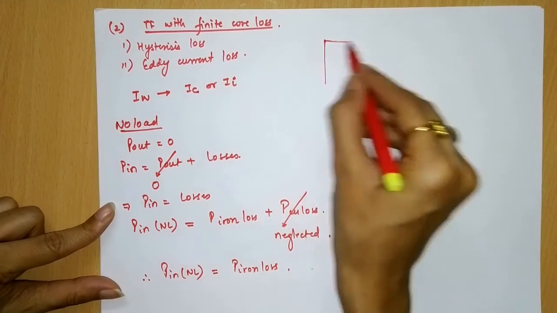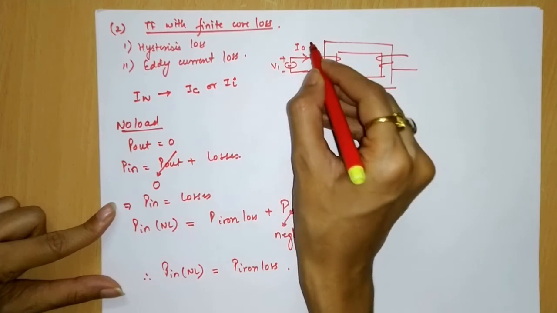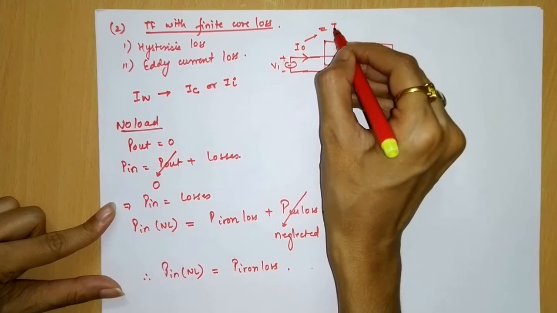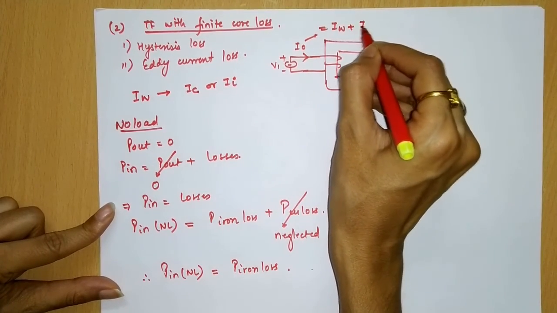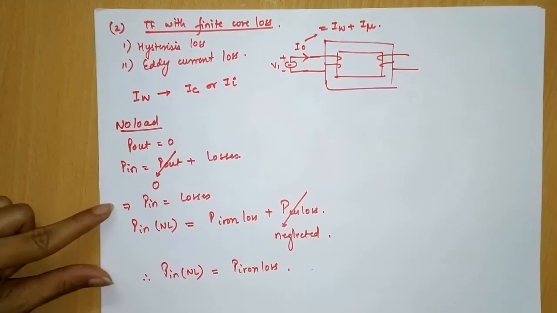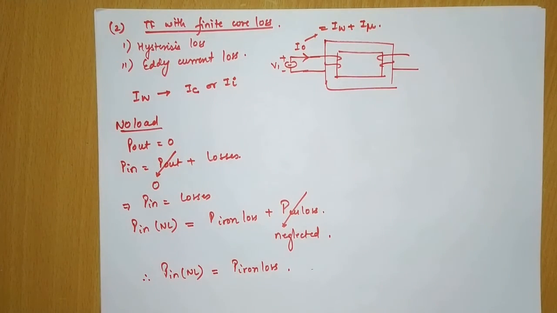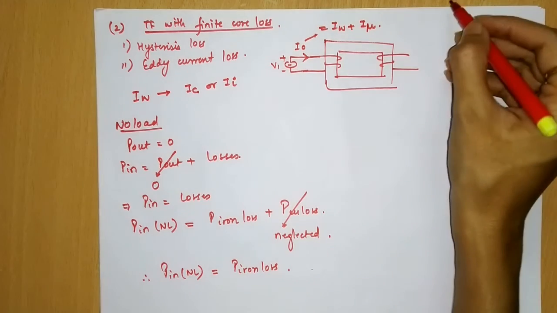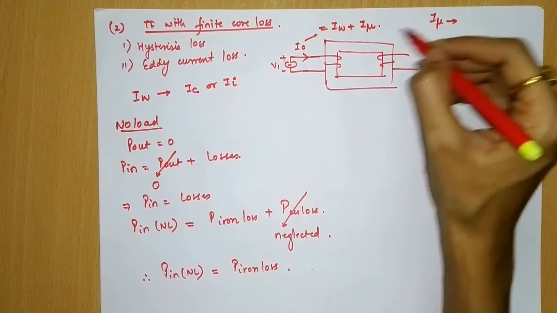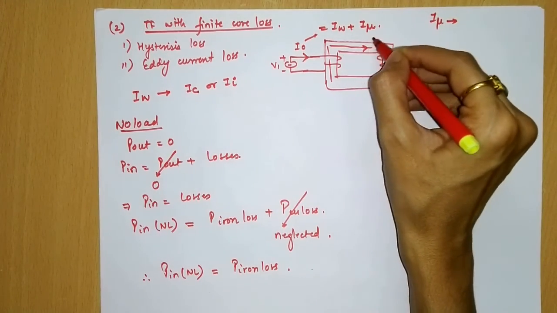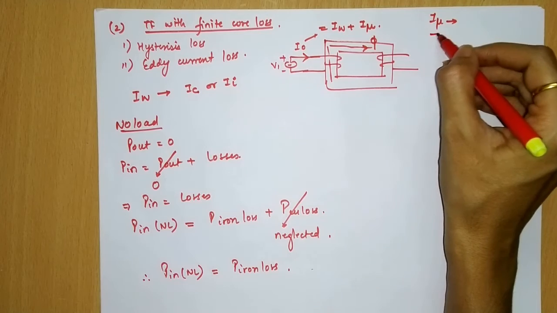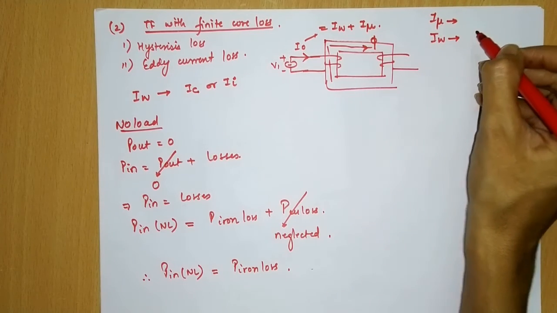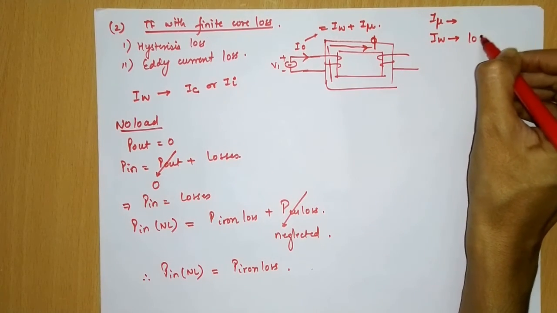And this no load current drawn consists of IW and I mu. IW is the working component and I mu is the magnetizing component. This I mu is required to set up the flux in the transformer core, and IW is to supply the losses.